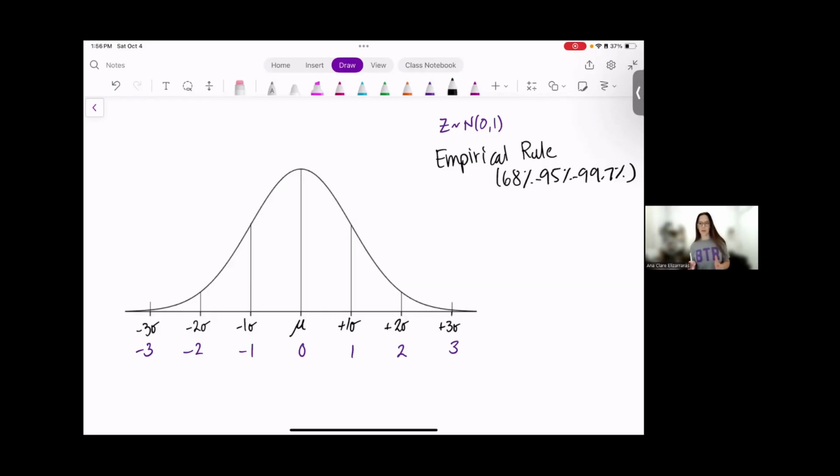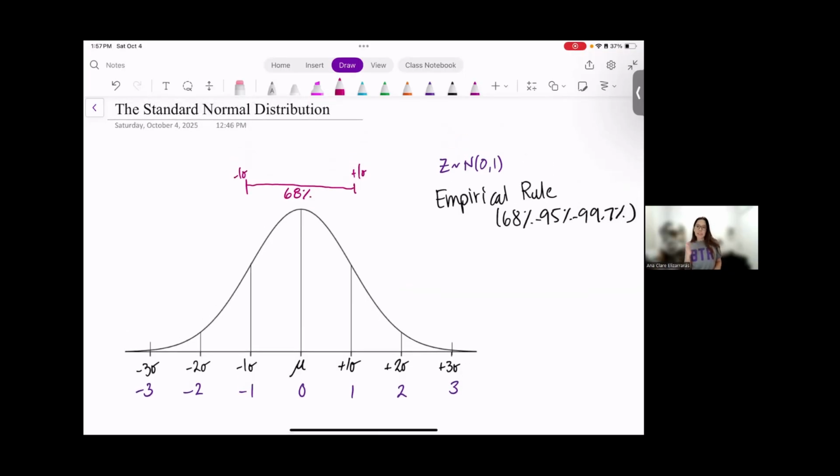And again, this is based on calculus. So mathematicians have run the numbers. They've determined that this is true always for normal distributions. So what that is saying is that 68% fall within one standard deviation. So that is +1 to the right and -1 to the left of the mean.